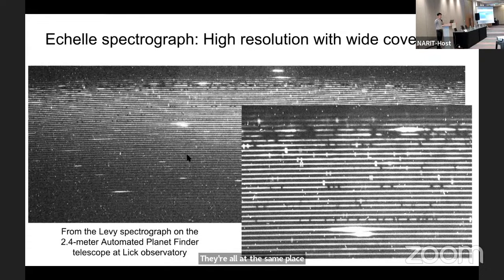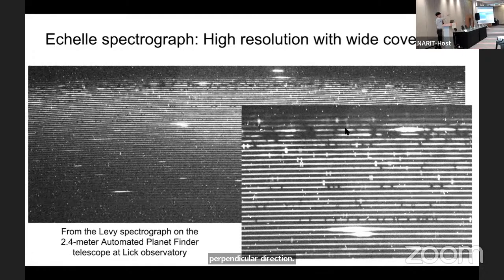So to prevent confusion, because if you don't do anything to it, if you just pass light through a spectral grating and just image it, you get one line with all the orders on top of each other. So what you can do in this case is put in a prism or a different diffraction grating. We use a prism, but you disperse light in the perpendicular direction.